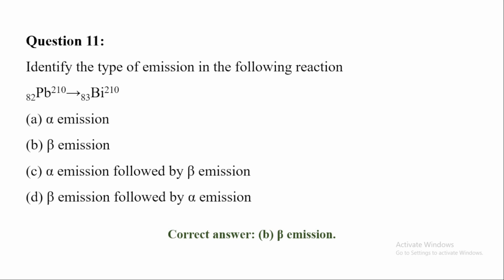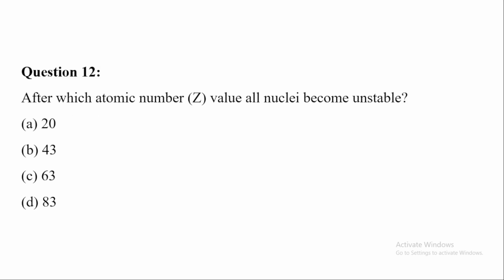Because from 82 the element is changing to 83, it is going to the next box to its right, moving one step forward. I hope this is clear. I'll move to the next question.